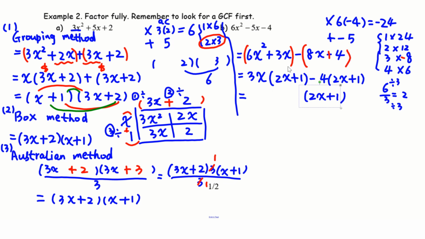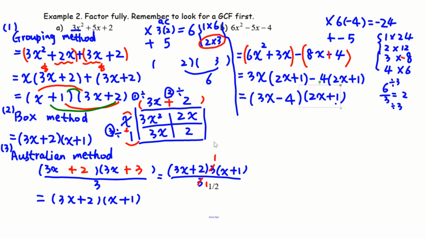So 3x minus 4 is the other factor. So this one is done. You could double check it. 3x times 2x, 6x squared, -4 times 1, -4. The middle, -8x plus 3x, -5x. So it works.